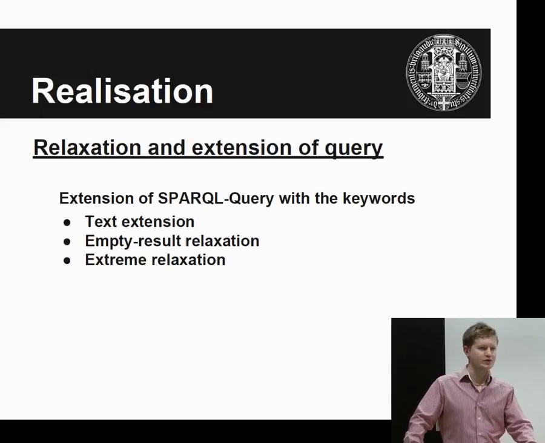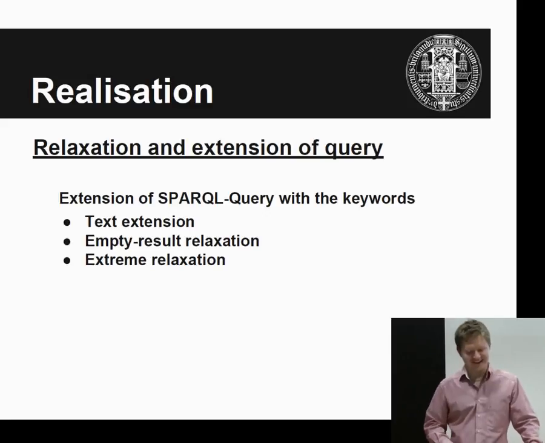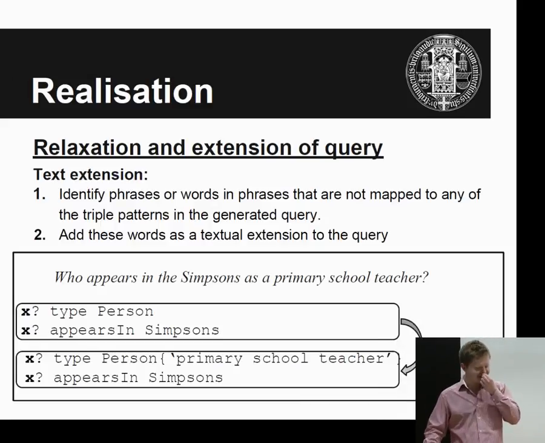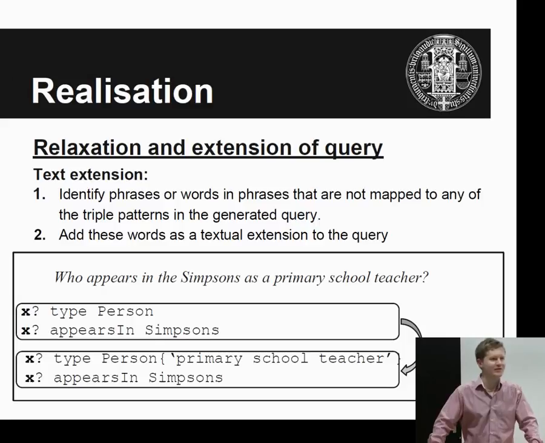That was the second approach they have introduced. There are 3 techniques. The first one, text extension. We just take all phrases, all words which weren't mapped, and take them to the textual extension.